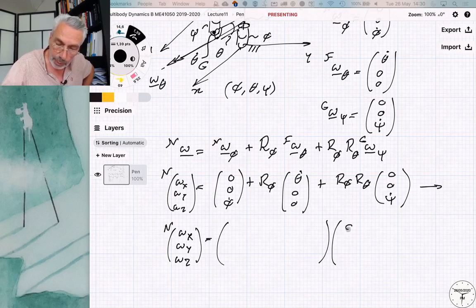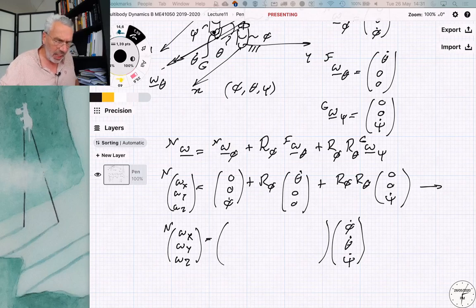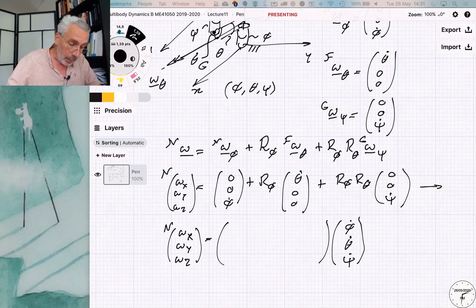So we're going to write phi dot, theta dot and psi dot. And by doing this, by moving from this to this, you already know there is something going on with these rates of the angles and angular velocities and vector quantities. Anyway, we'll get back in a second.